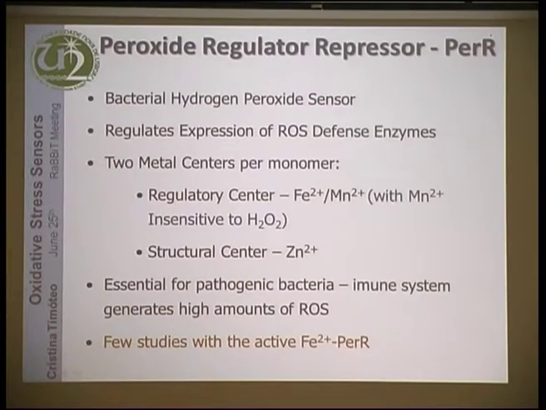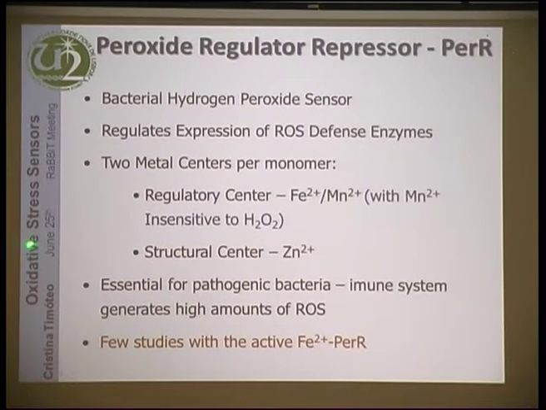And which kind of genes? Well, what I'm going to talk about today is a peroxide regulator repressor, PerR, which is a bacterial hydrogen peroxide sensor. It regulates the expression of ROS defense enzymes in bacteria, and it has two metal centers per monomer.